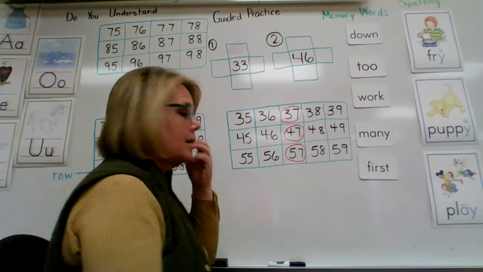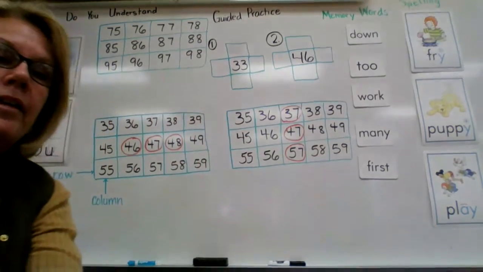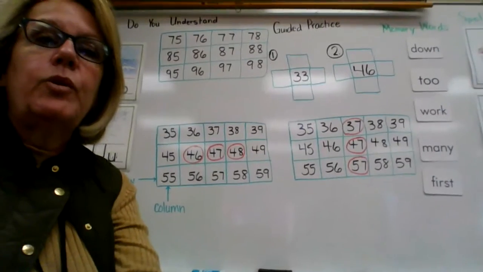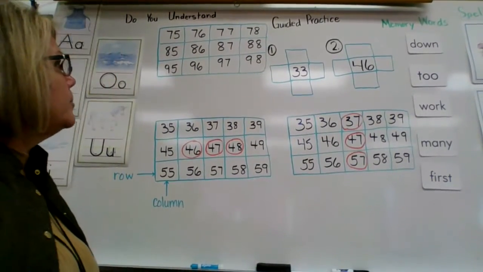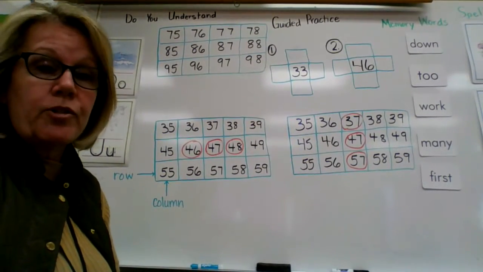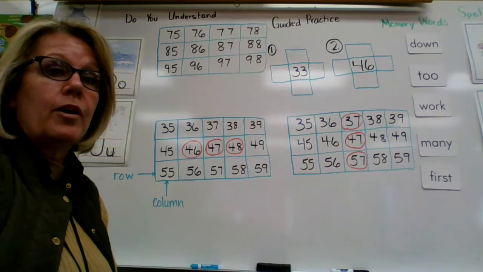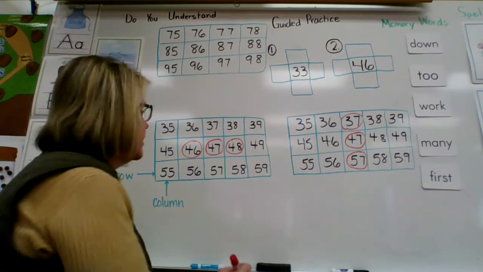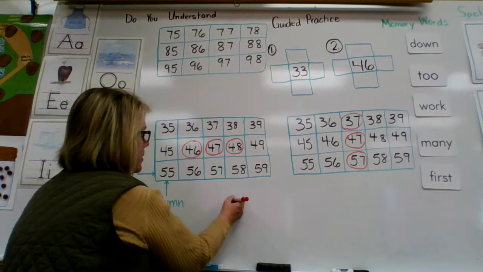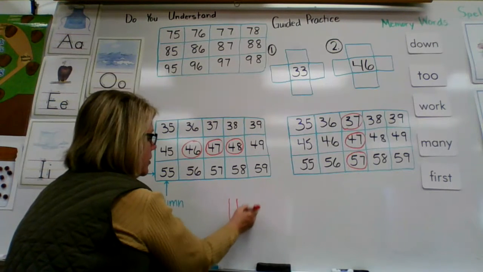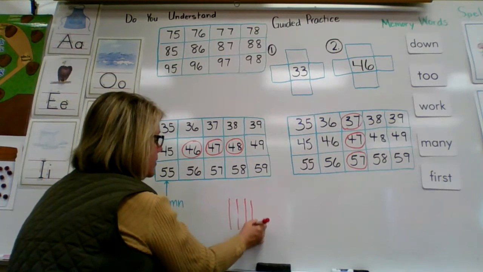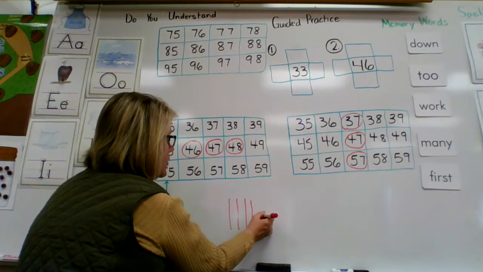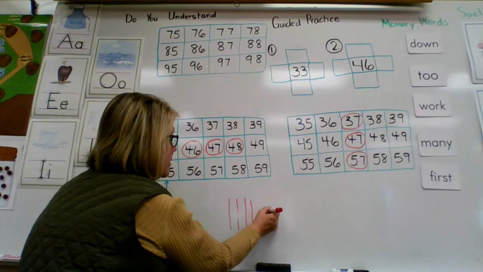Okay? So now, do you understand? Remember, you can always draw a picture too, using our tens and ones. So here is 47.